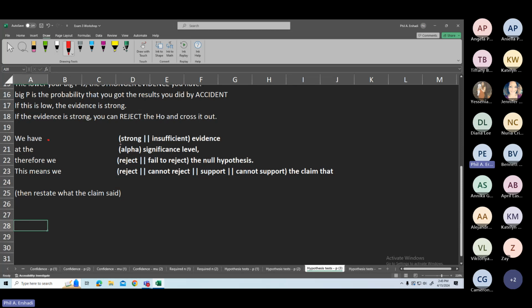You can say we have sufficient or strong evidence at the significance level, which was 0.10, and therefore we rejected the null hypothesis, which means we supported the claim. And then if you're going to answer this on a test, you want to restate what the claim said. The claim said a majority of fourth graders believe in the tooth fairy, I think I said.